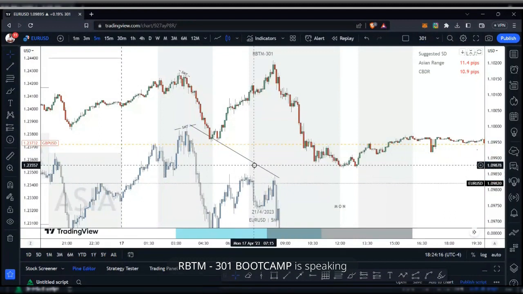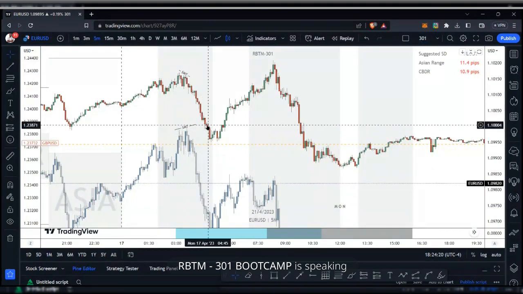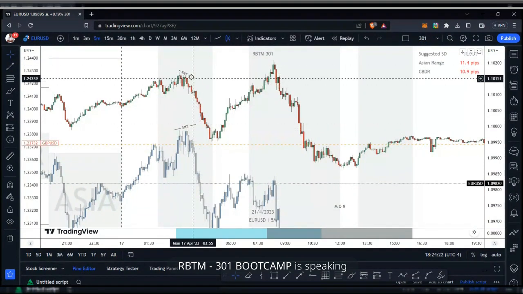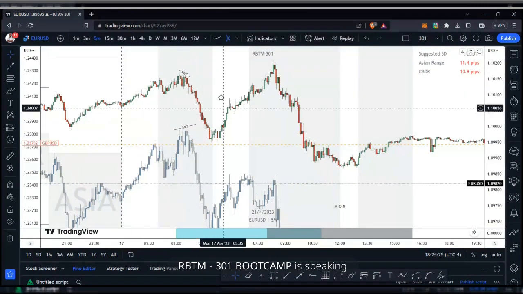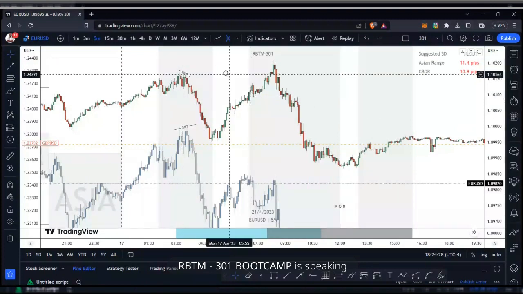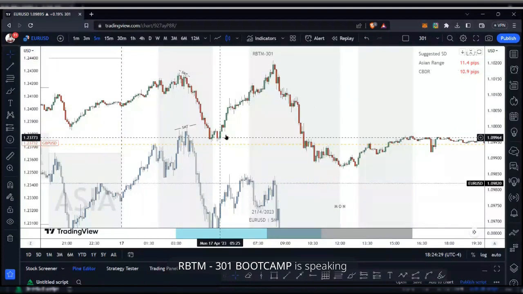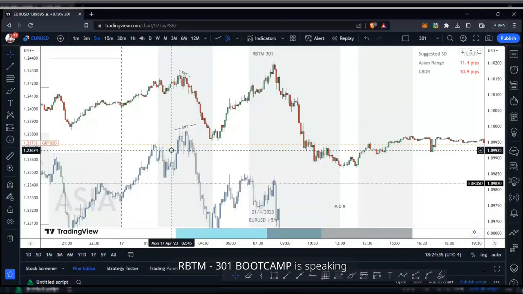I'm looking for the SMT like this: this made that high, this made that low. And I'm looking for this at a specific time. I'm not looking for them in the Asian session. At the time that I'm about to take my trade, that's when I am looking out for it.